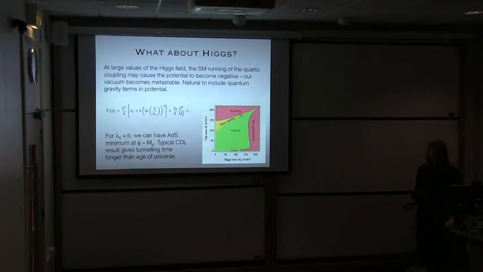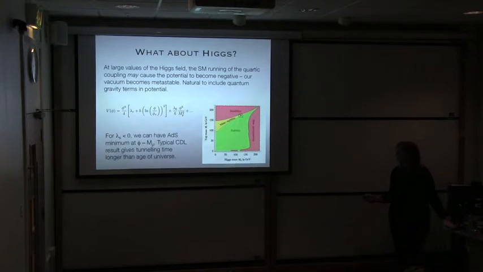So just to finish off, I want to apply this to thinking about the standard model vacuum. One of the curious things, now that we know that the Higgs exists and we've got an idea of its mass, is that its mass lies in a really tantalizing region, in that if you calculate the way that the Higgs coupling runs with scale, it's incredibly sensitive to the top quark mass, which is not that well known, so my colleagues tell me.